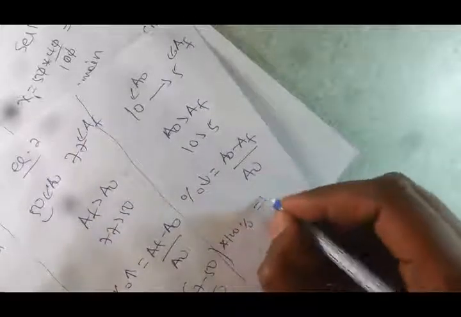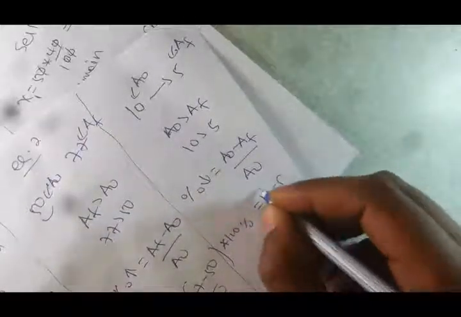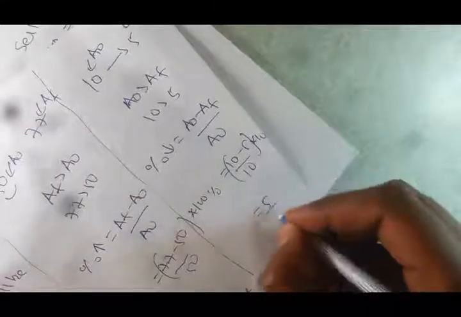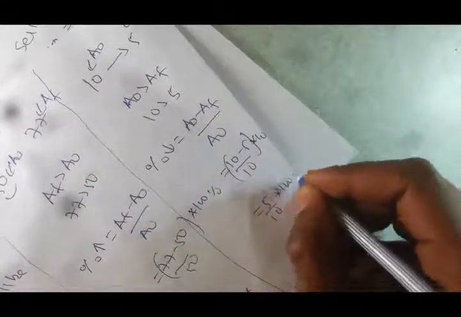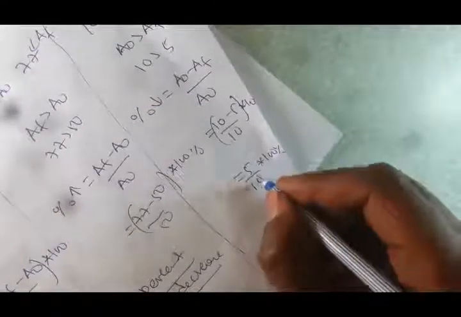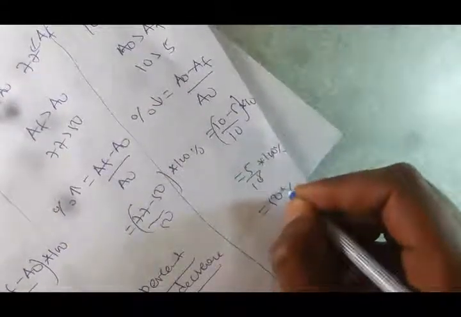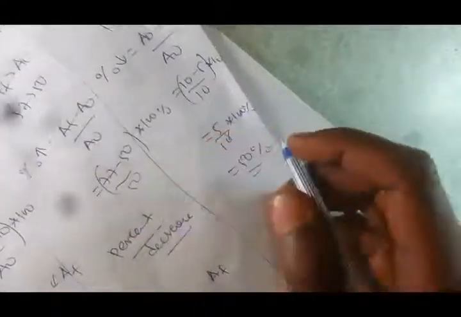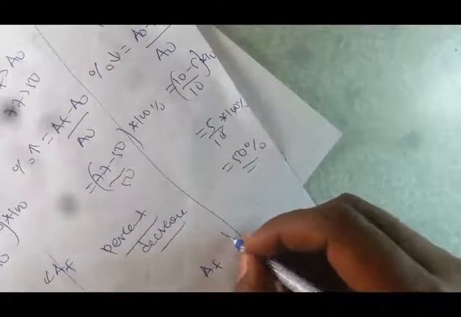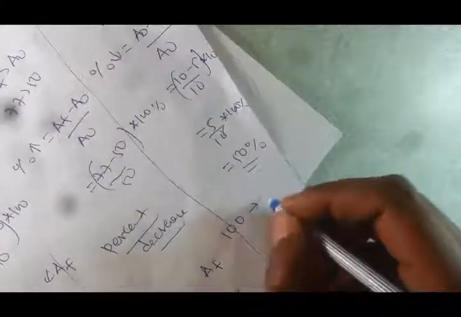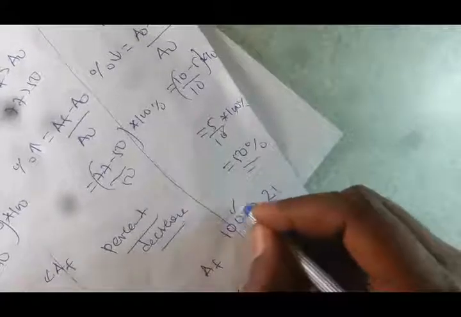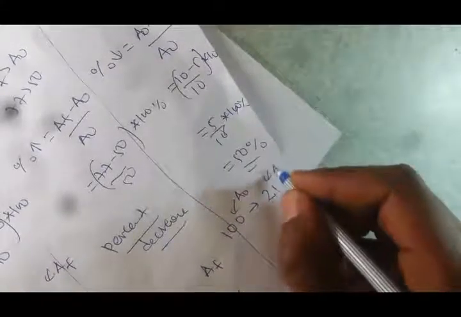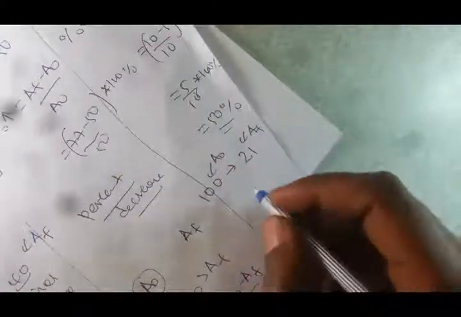This percent decrease has a formula of AO minus AF over AO. This is equal to 10 minus 5 over 10 times 100%. This is equal to 5 over 10 times 100%. This is equal to what? 50% decrease on the value. And example 2 is if you have an initial value 100 and you have a final value of 21. This is your initial AO and this is your final AF.